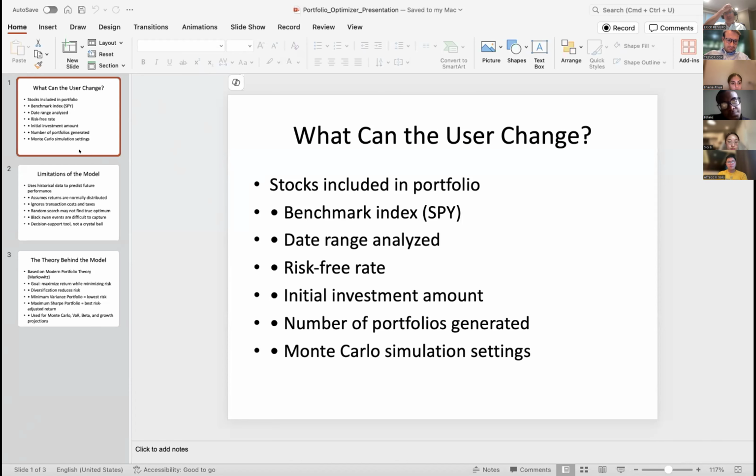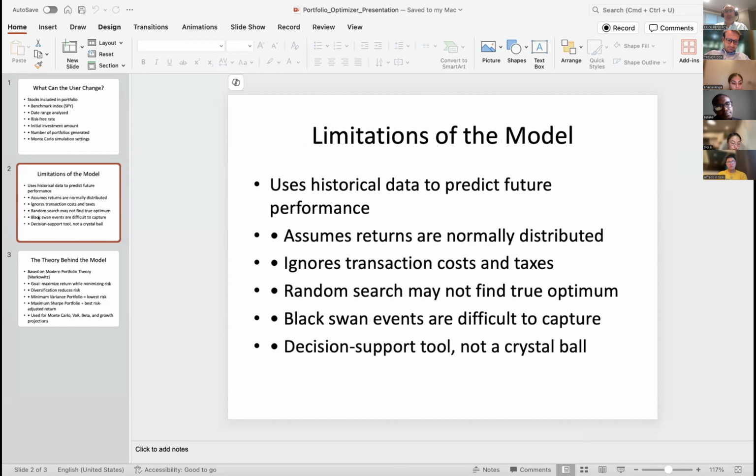So this is what we talked about in the code earlier, which we can change. And now I'll be talking about the limitations of the model. One of the biggest limitations is its use of historical returns.